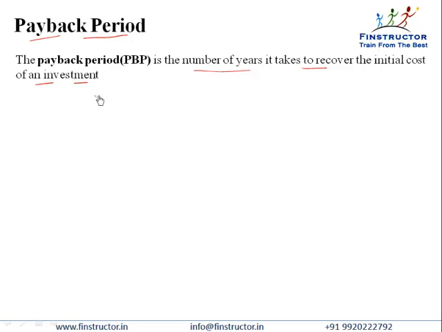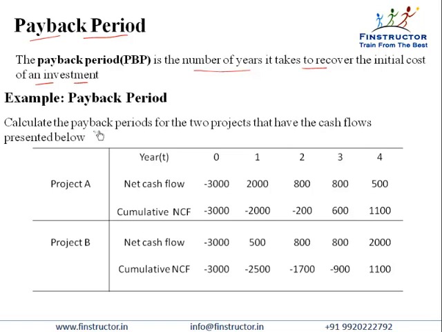Best understood with the help of an example. So calculate the payback periods for the two projects that have cash flows presented below. So I'll do it for project A. Please try it out and verify the answer for project B yourself. So we see that we make an initial investment of $3,000 in project A. At the end of year 1, we get back $2,000.